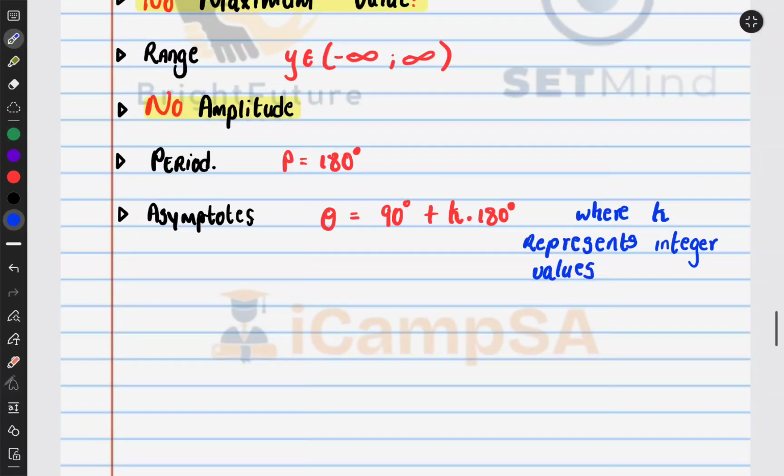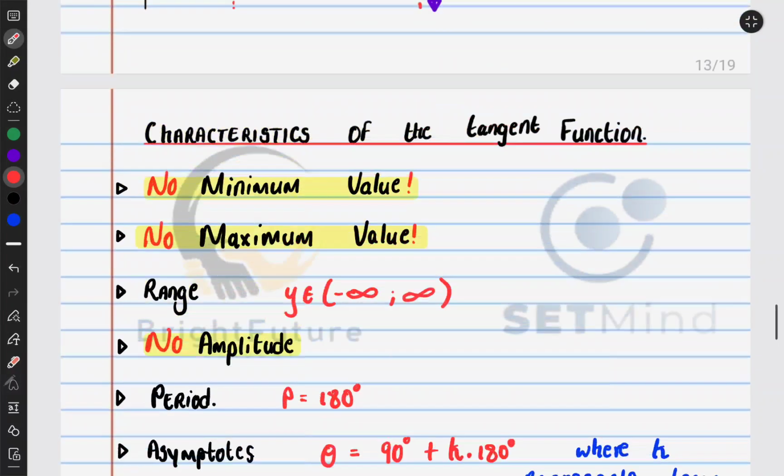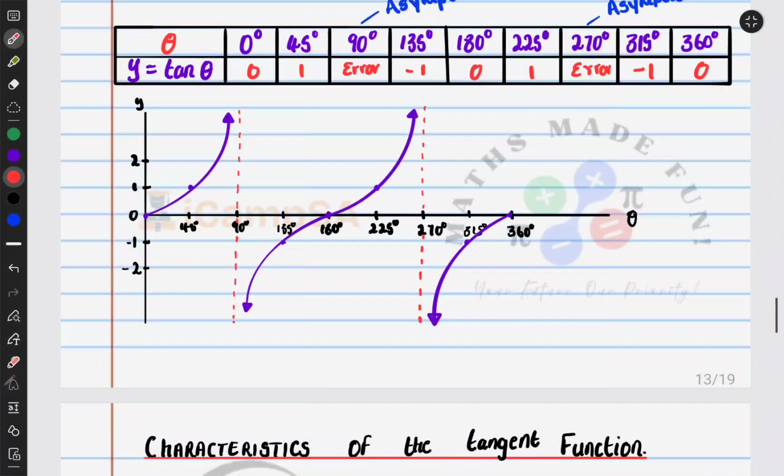So for instance, the first asymptote will be at theta is equal to 90 degrees plus 0 multiplied by 180 degrees, which means it would be at theta is equal to 90 degrees. This is that first asymptote that we had there.